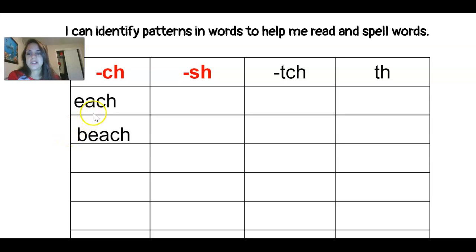So now this word here has two patterns that you know. It has a vowel pattern and a consonant pattern. E, and then the digraph that makes one sound, ch, each. Let's use those patterns to read this word. Check your thinking. Beach. Go ahead and try the next word. Now I know this word part, in, and the CH, ch, chin.